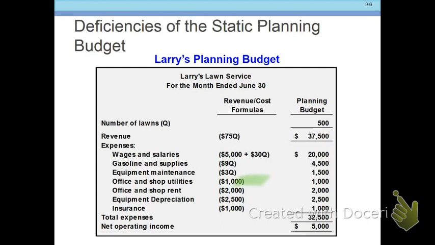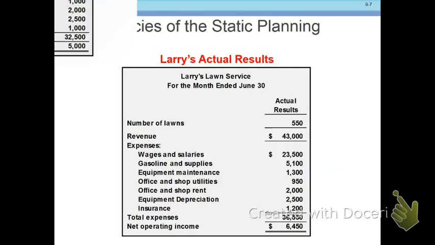He's got some costs that are fixed, some costs that are variable, and then he's got some mixed costs. So you can see that his budget includes all the items that we talked about back in the earlier chapters.